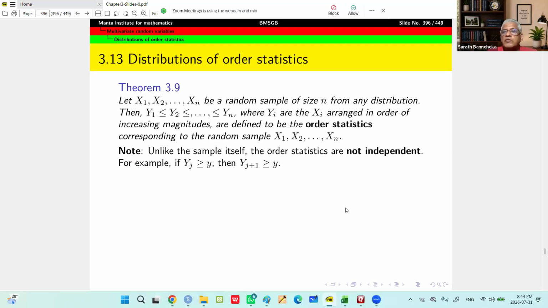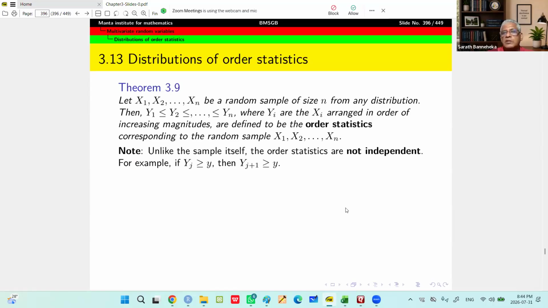Right. Now, what we are going to do is derive some formulas that we can use to obtain the theoretical distribution of the first order statistic, second order statistic, third order statistic, and so on. In general, the rth order statistic.